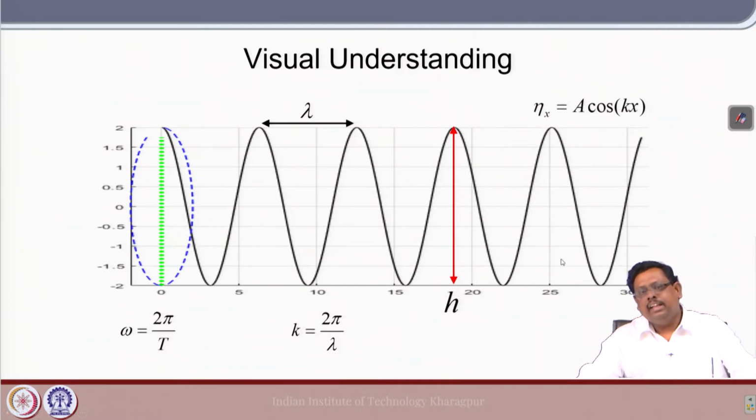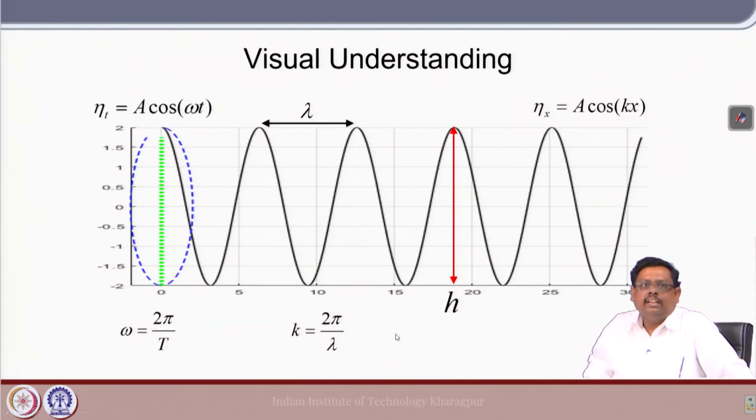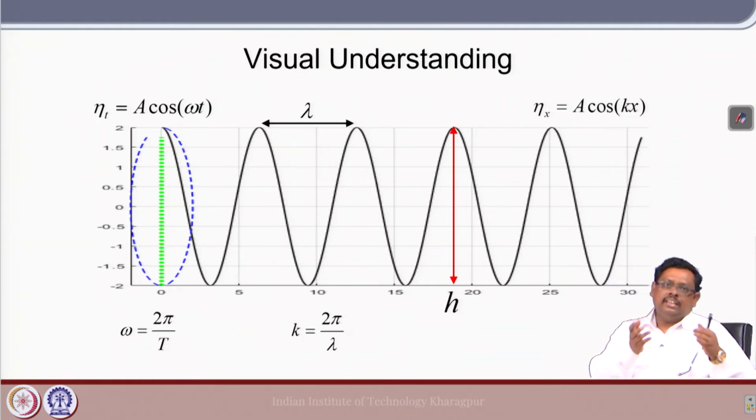Now, as I said, if you take a snapshot, then this signal is eta(x) equals a cos kx. Now, if you fix the space and just look at the motion of this green dot, then eta is a cos omega t. You see here this eta is a function of both.